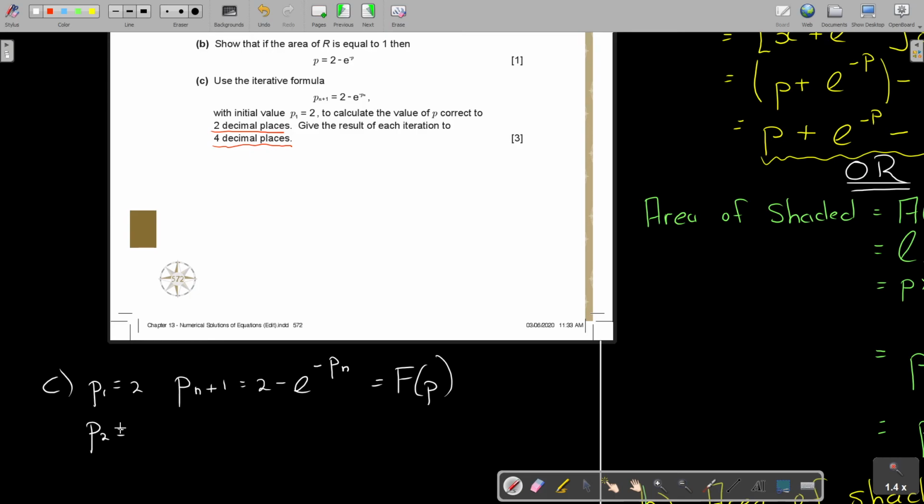Say 2 minus, and I must press Shift Ln to get that e. Then I put a bracket, and then it's negative, the answer, close the bracket, equals. And I get 1.8647. And if I go to 2 decimal places, it's 1.86.